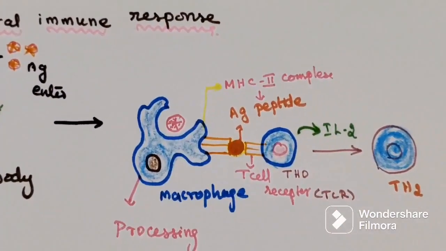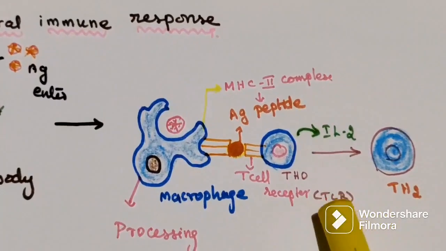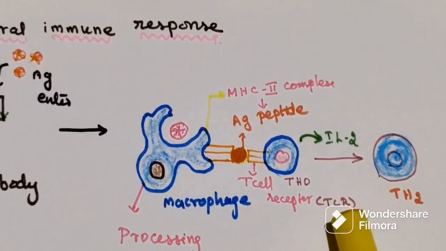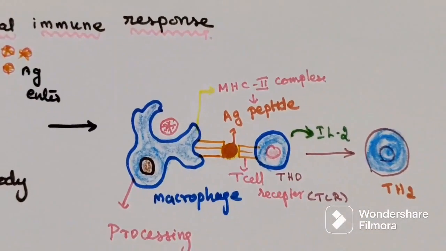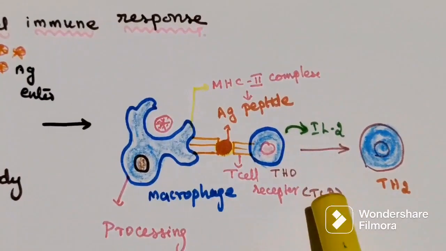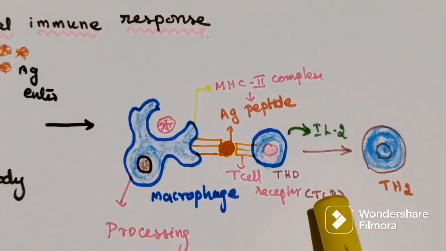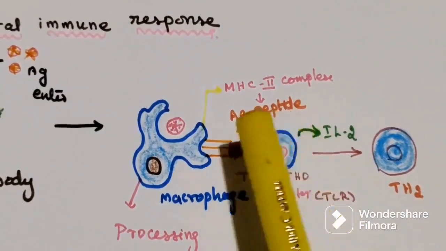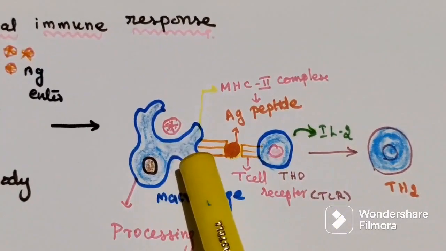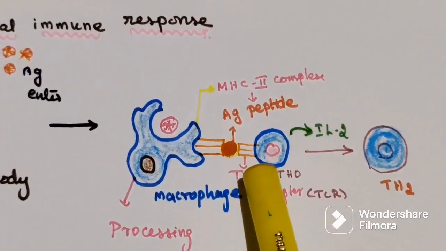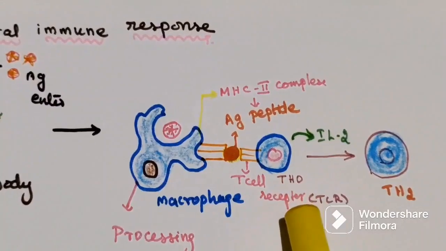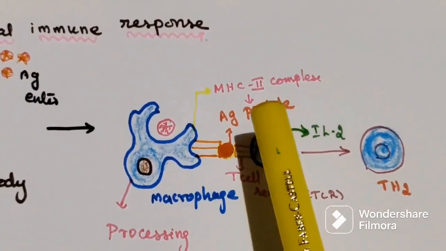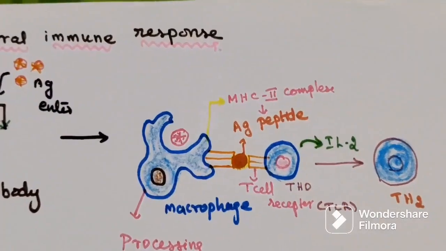T helper cells have a TCR, meaning a receptor. With the help of the receptor, it accepts the antigen peptide released by the macrophages.